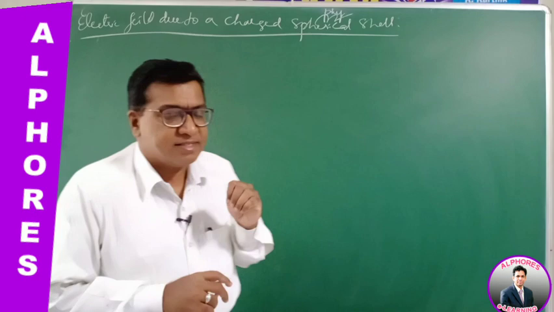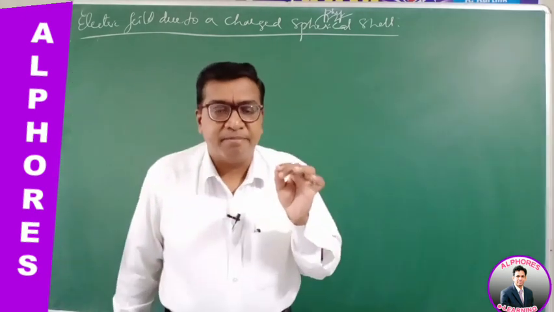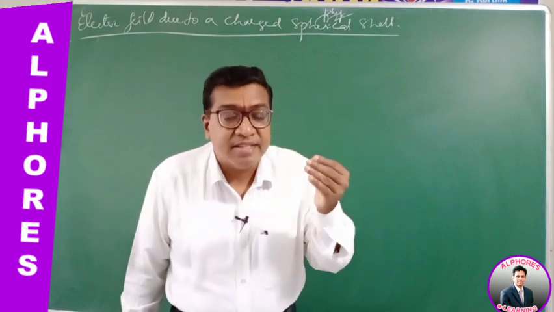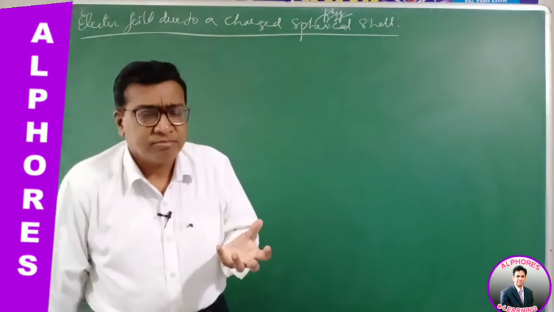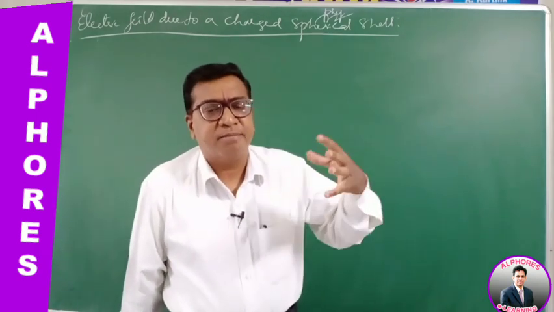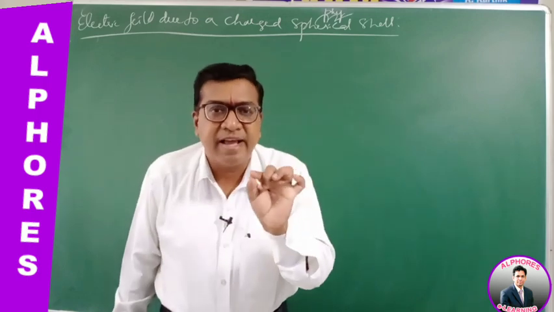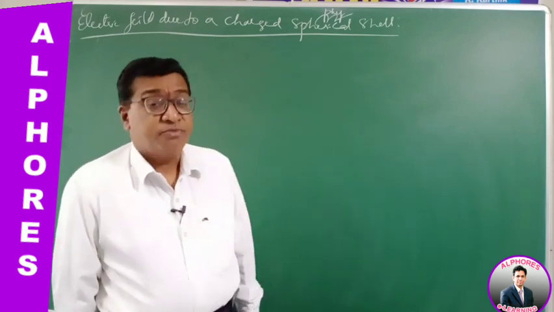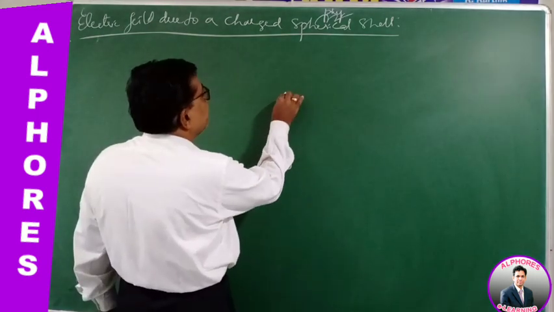Then flux. Electric flux is the measure of the number of lines of force passing through a particular space. The count of that number is called electric flux. Electric field intensity or electric flux density, both mean the same.